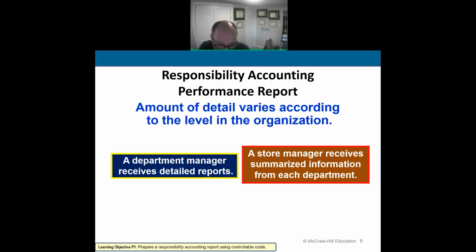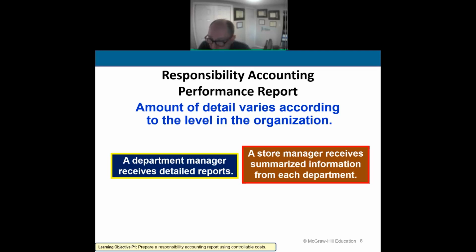How well am I managing my supplies expenses? Those are all controllable for the jewelry manager at Macy's. But you're going to be most interested in the detail, because you're managing your department and you want to make sure that you're able to identify all the costs for your department.